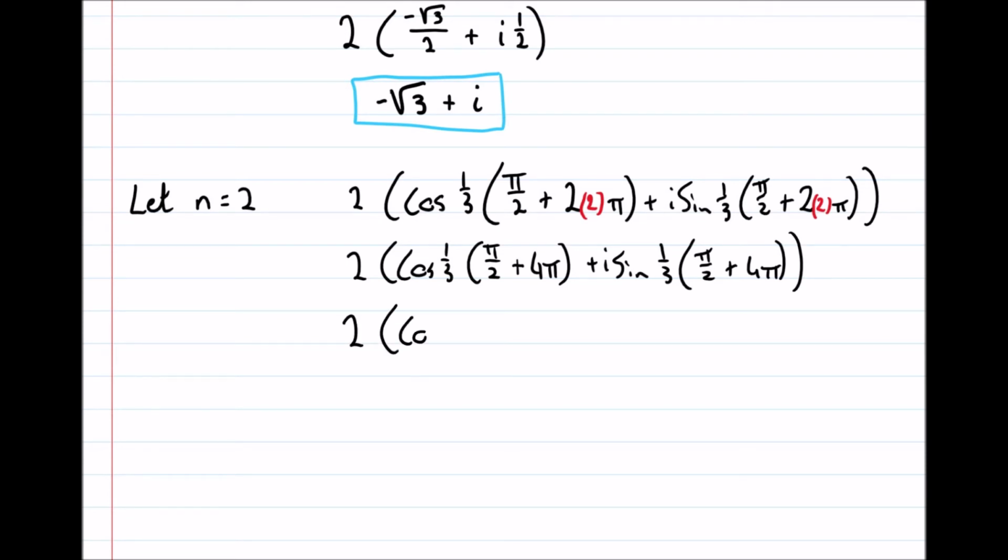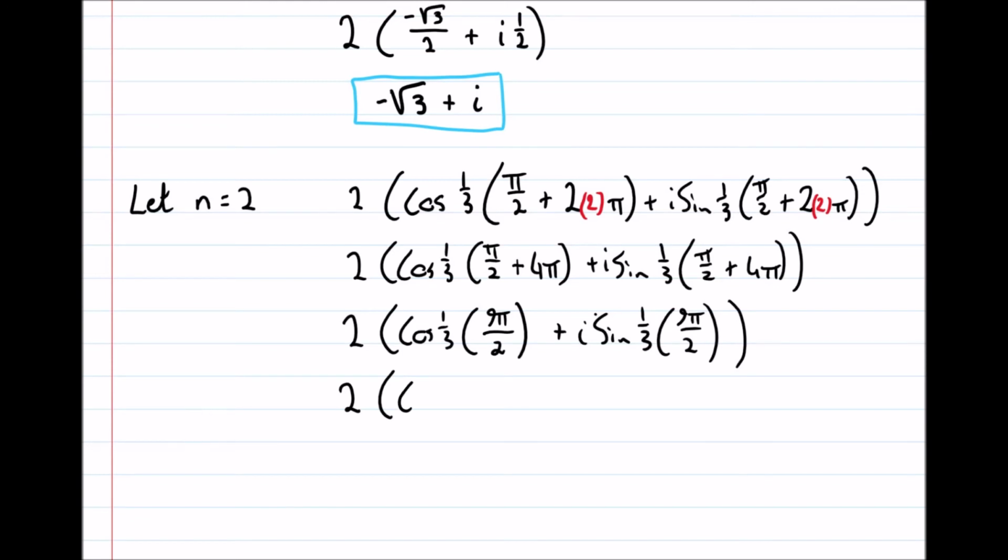That's cos of 1/3, and I think it's 9 pi over 2, plus I sine 1/3 of 9 pi over 2. So that'll be 2 cos, and 1/3 of 9 pi over 2 is 9 pi over 6, plus I sine 9 pi over 6.